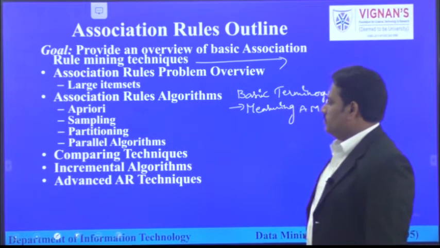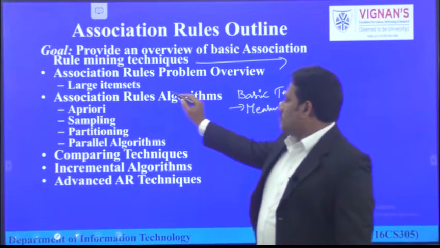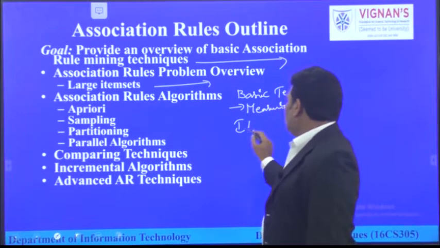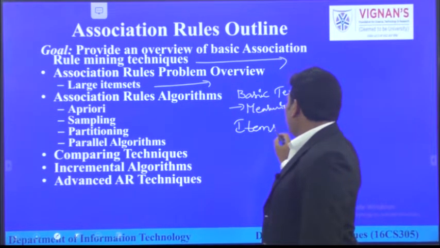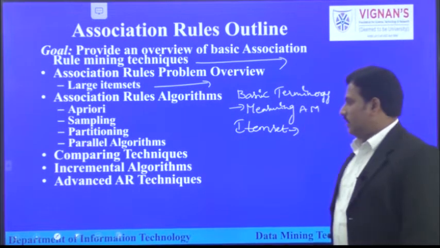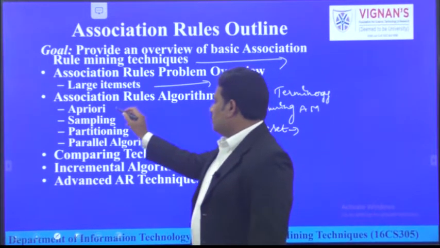in depth. And we will see, when we have a large number of data item sets, how to deal with these large item sets in order to perform effective data analysis. And we will see the commonly used algorithms in association mining.